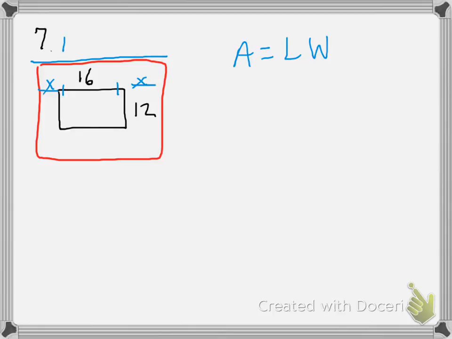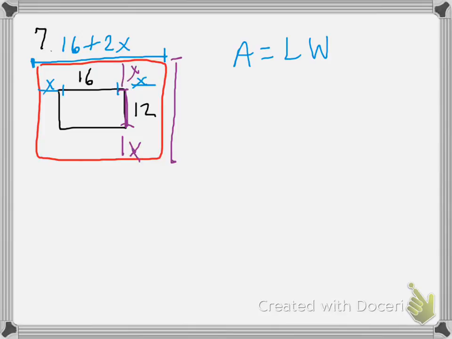So that's going to be 16 plus 2x. That's the distance from the start of my blue to the end of my blue. Then if I look at the width of the pathway, right here in the purple, I know that it's 12 from here to here, and I know the pathway is x wide.